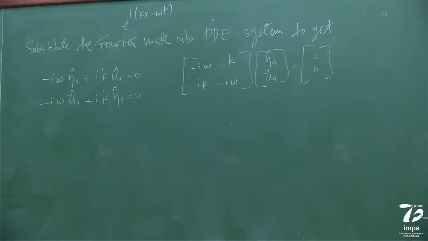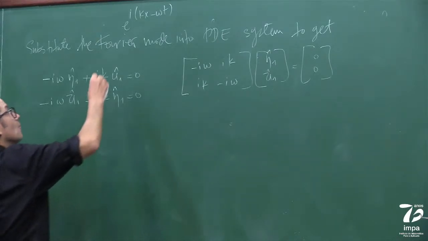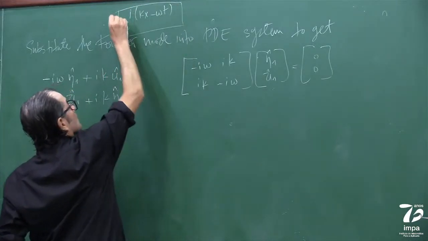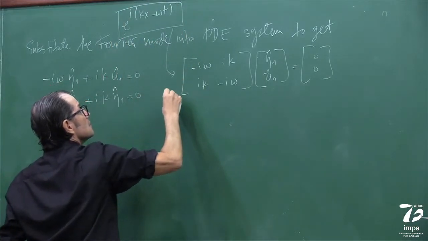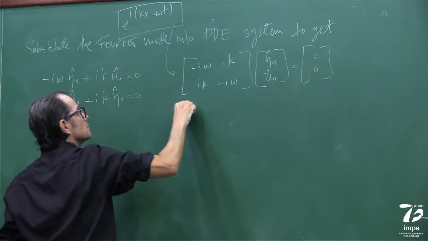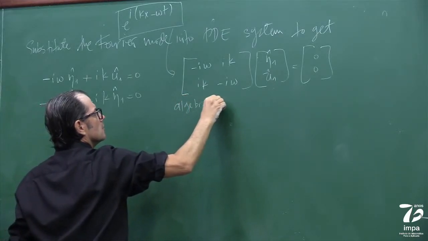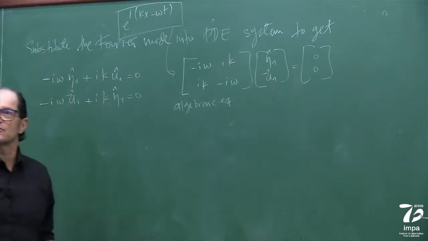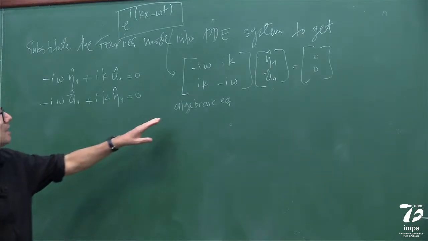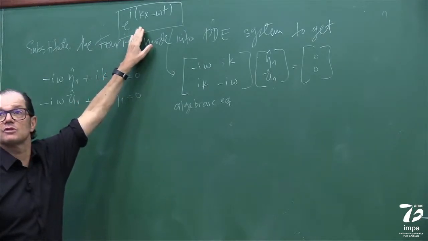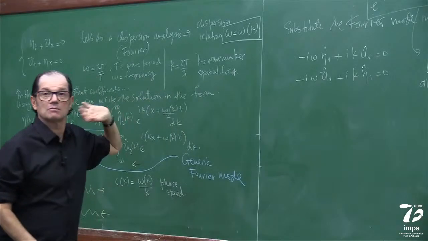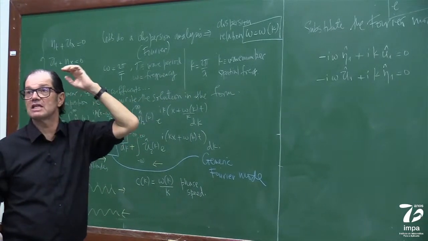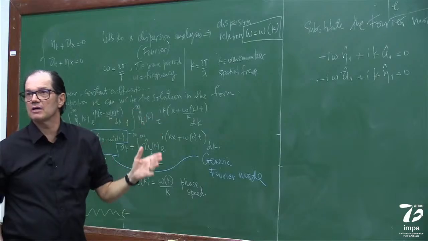So you see, this PDE, when I substitute this Fourier mode, gives me this algebraic equation, a linear system of equations. Why did I substitute this? Because of this representation. That's the motivation. And because of the linearity, I can just plug in a generic guy.